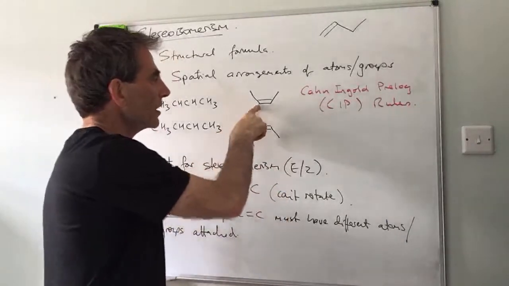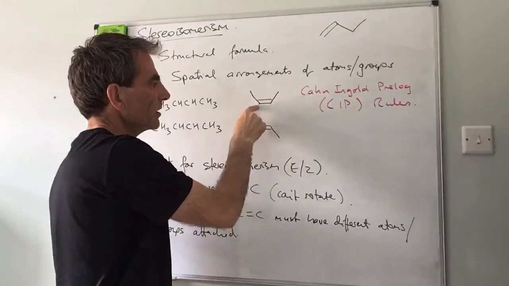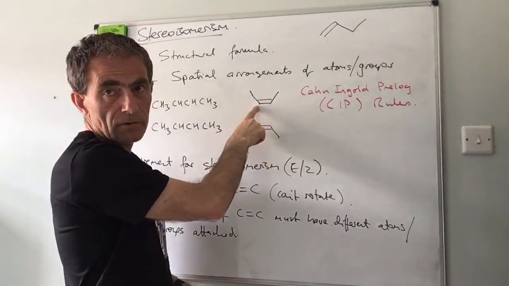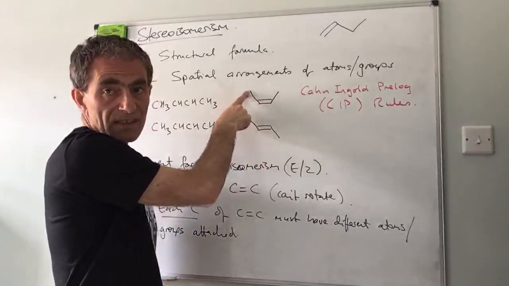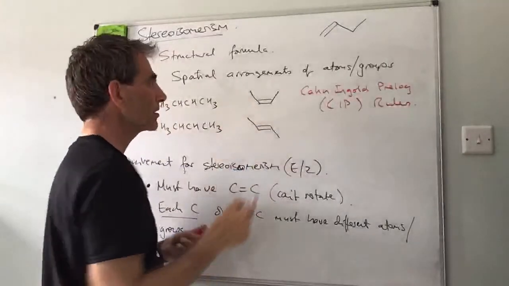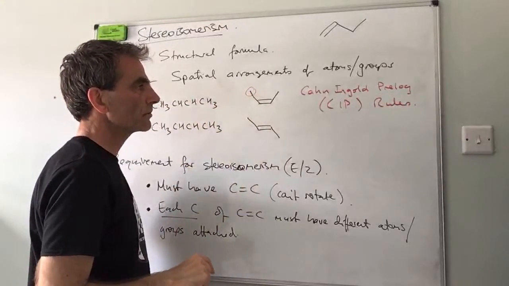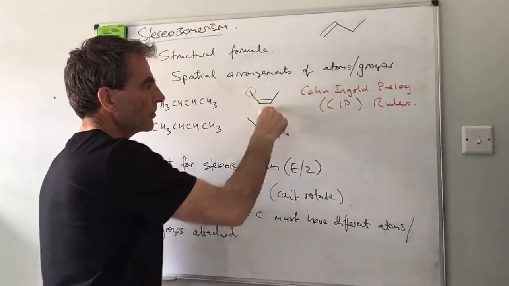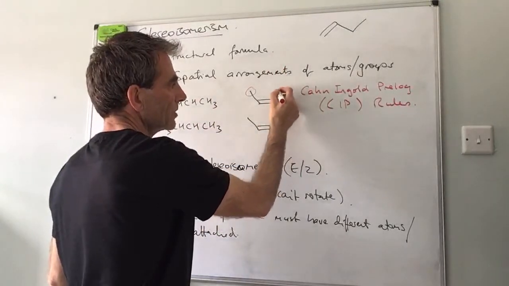So on this carbon here, we've basically got a hydrogen, which isn't shown on the skeletal, which has an atomic number of 1, versus carbon, which is an atomic number of 6. So carbon wins, carbon's got priority. So if I just put a red circle around there, that's the priority group, okay? And then if we move to this carbon, obviously it's going to be the same because you've got carbon versus hydrogen.